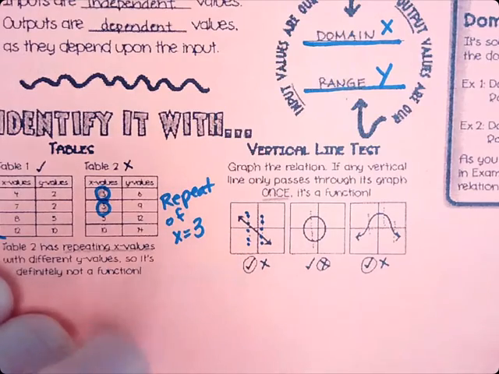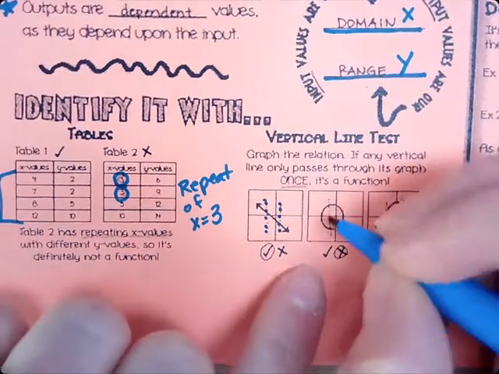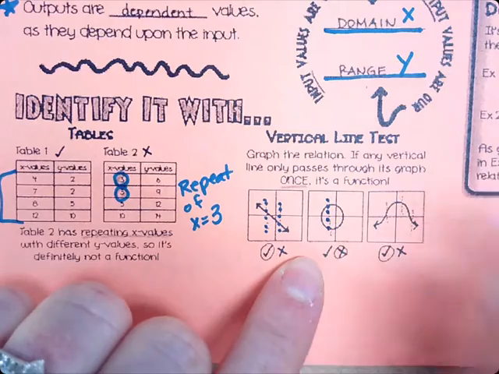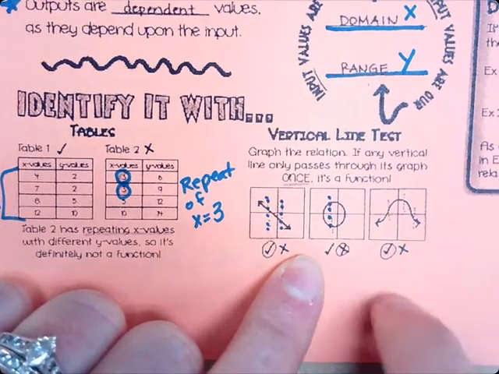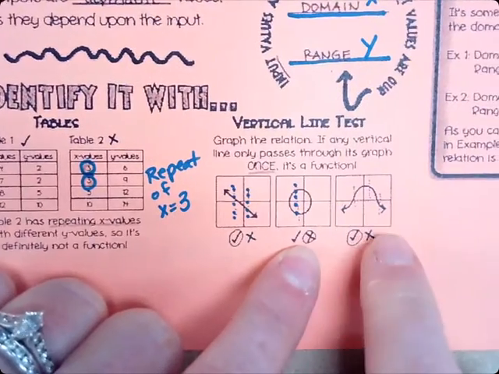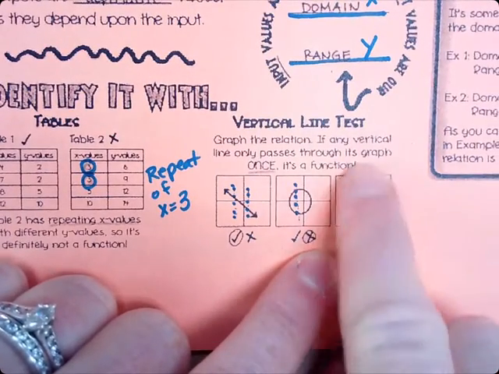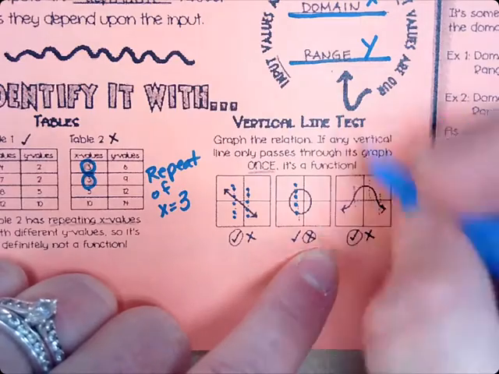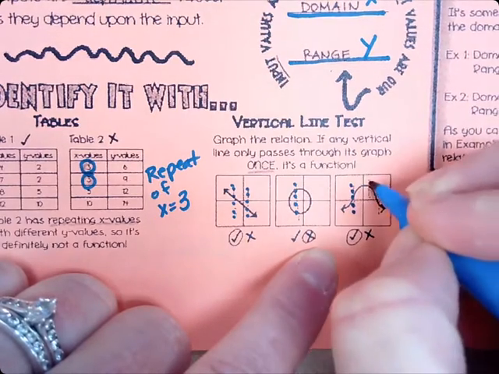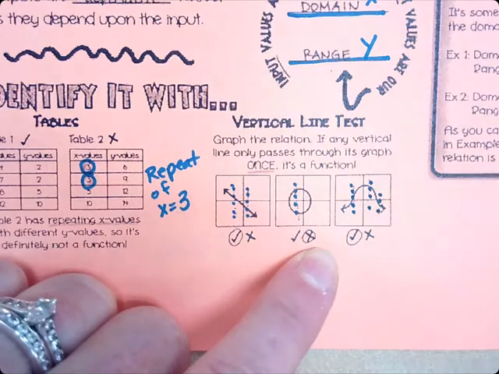This is a function. This one is not a function because it passes through twice. So that's why it's circled X. The next one, even though it looks funky, it's not a straight line, it still is a function, because if you do some vertical lines, it'll only go through once.